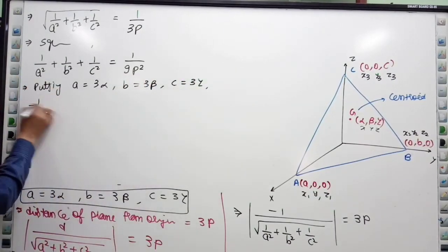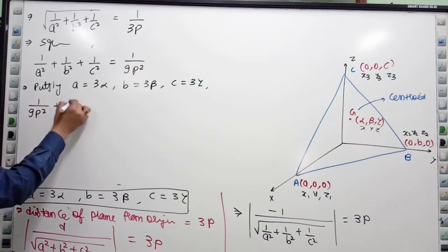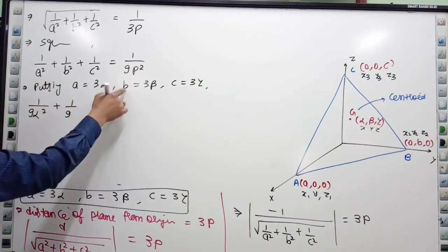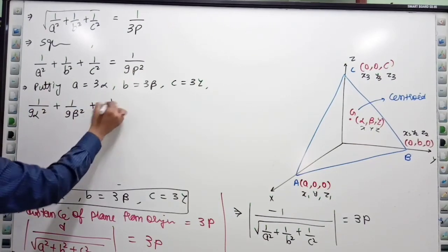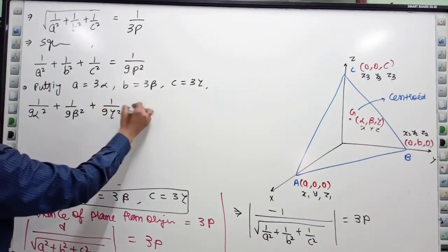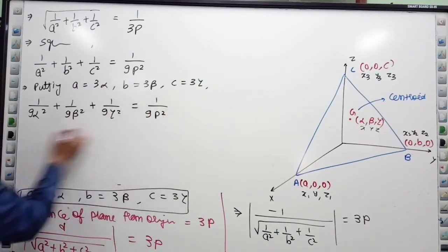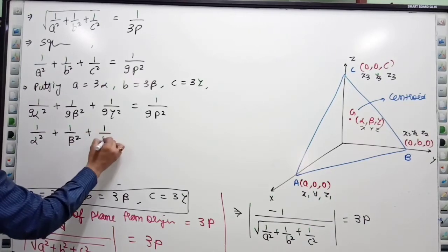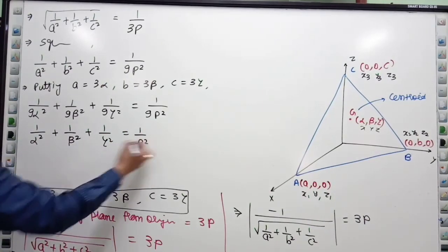So we have 1 upon 3p का square 9p square, 9 alpha square, sorry, b square is 9 beta square, 9 gamma square, 9p square. 1 upon alpha square plus 1 upon beta square plus 1 upon gamma square equal to 1 upon p square.